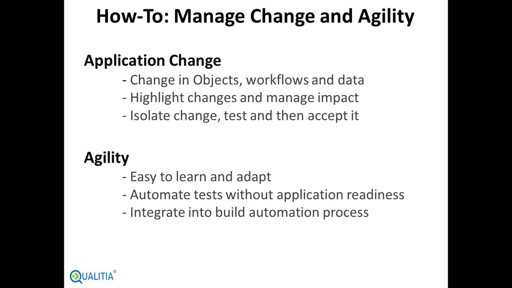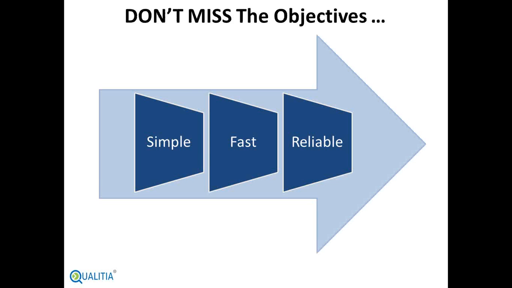Go integrate them with your build automation process, any of your Jenkins and CruiseControl and all of these kinds of continuous integration solutions, right? So that it ties up into your build automation cycle, which actually is the final way that you can get the best benefit out of test automation.